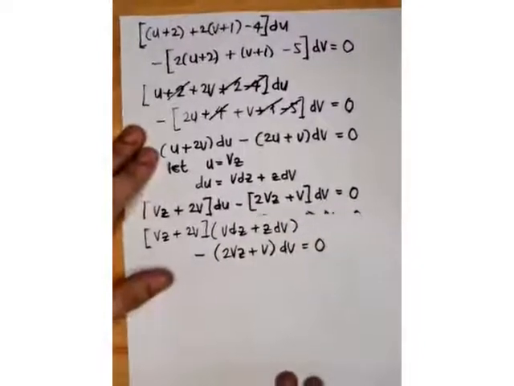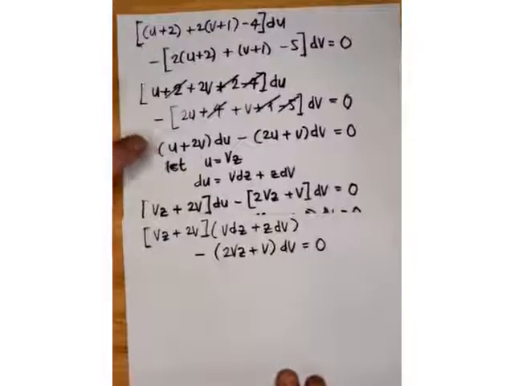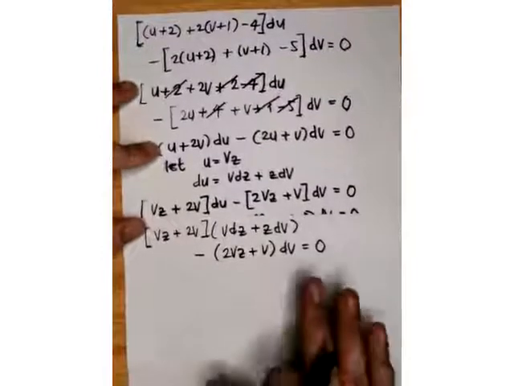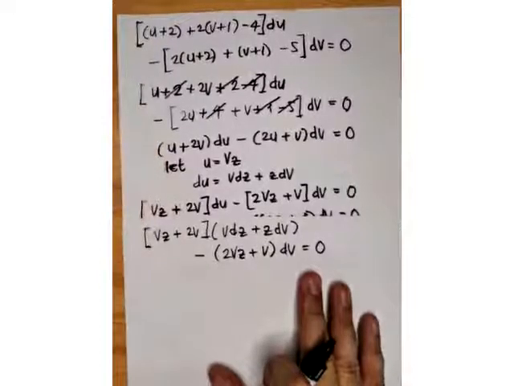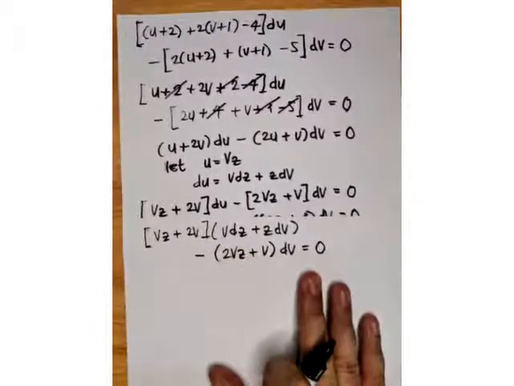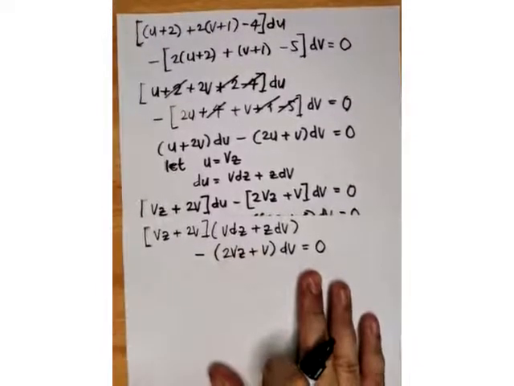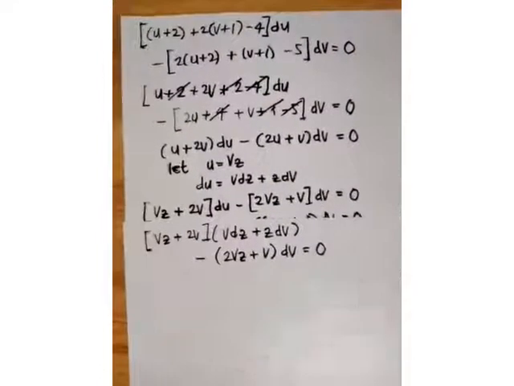Ayan. Okay? Tama ba ako? vz 2v v dz plus z dv minus 2vz plus v dv is equal to 0. Teka lang.